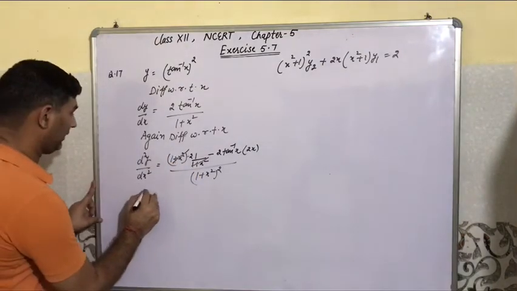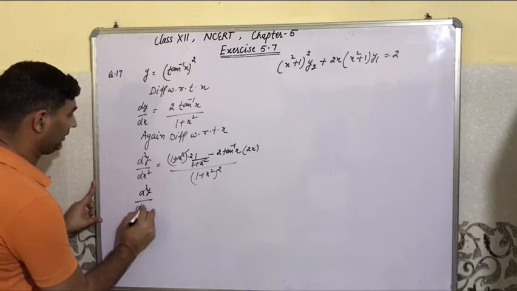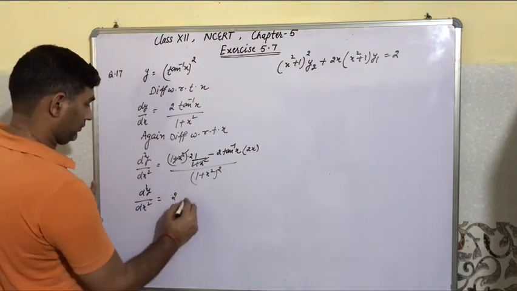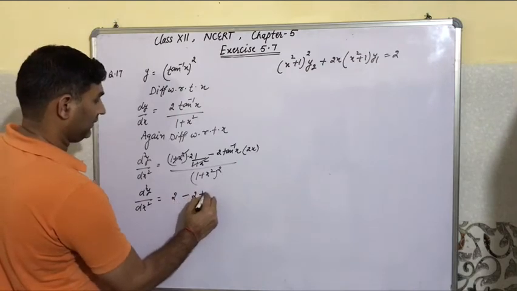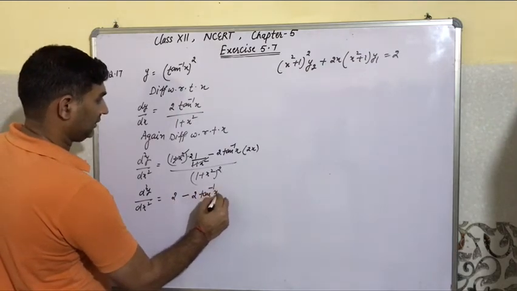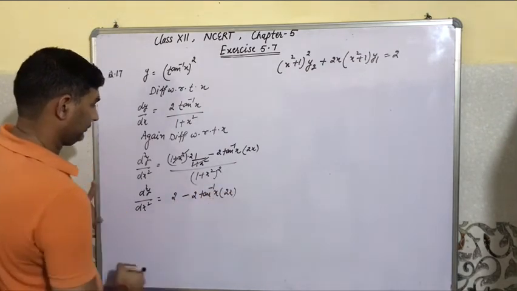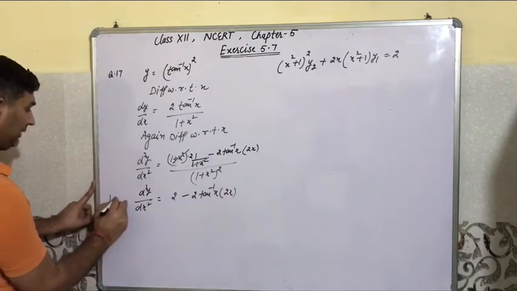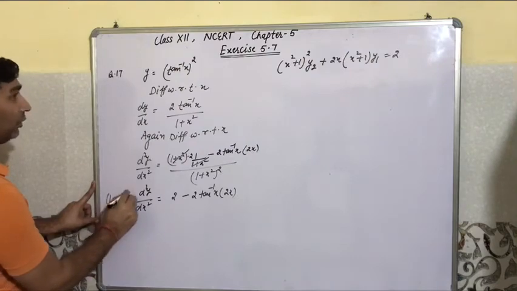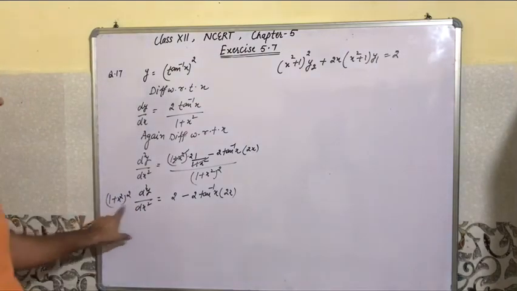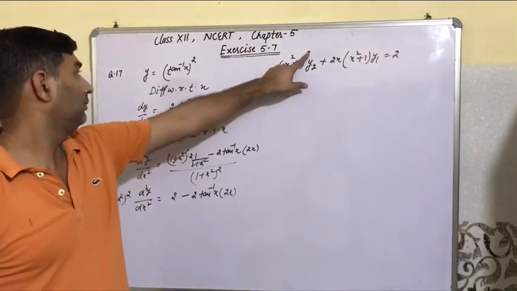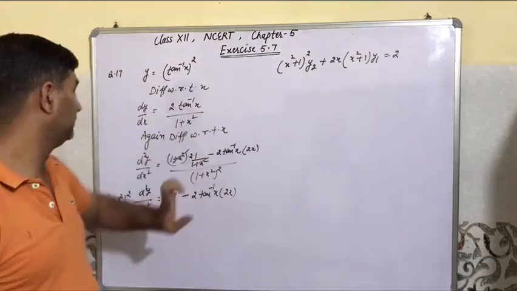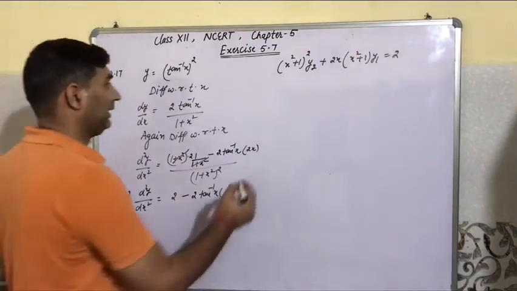Then d square y upon dx square is equal to 2 minus 2 tangent inverse x into 2x, and this term is multiplied to this 1 plus x square and their whole square. This 1 plus x square and their square, d square y upon dx square, this and 2x, इसको इधर लेके आएंगे.